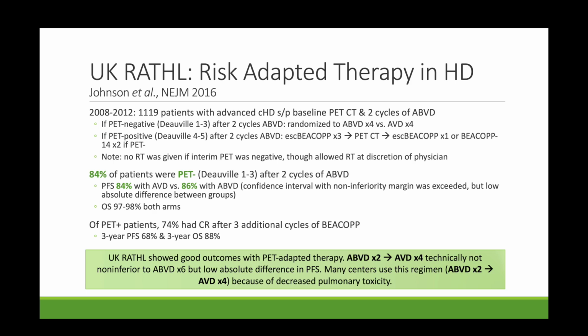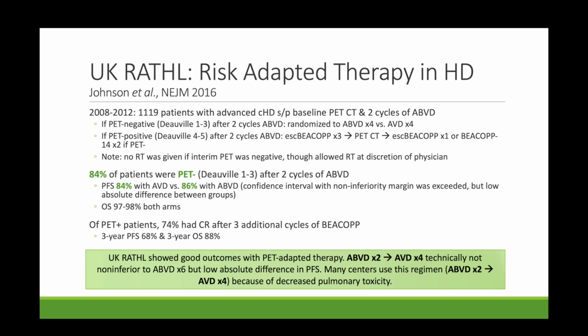And so, for these patients that had PET negative disease after 2 cycles, UK RATHL showed very good outcomes with ABVD times 2 followed by AVD times 4. The major advantage of doing this is decreased pulmonary toxicity because you drop the bleomycin, which, remember, causes significant pulmonary toxicity.